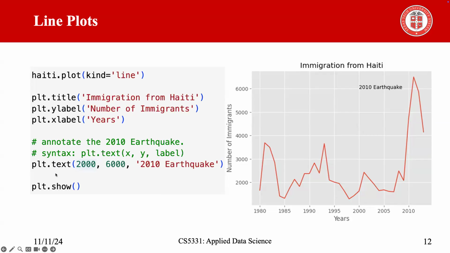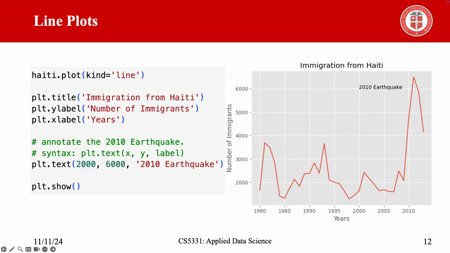We annotate the text at a specific position, and here we see 2000 and 6000. 2000 means it is the year, and 6000 is the population, the immigration, so that this text will appear at 2000, 6000 here, which is the position of this text.